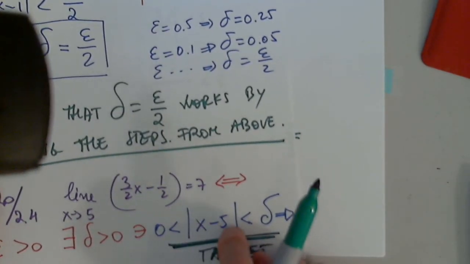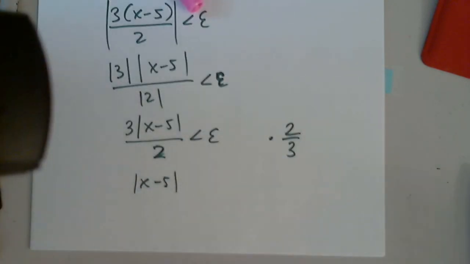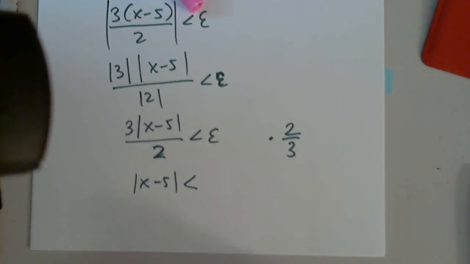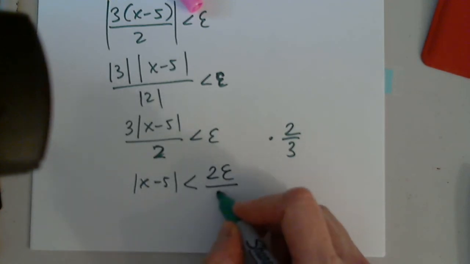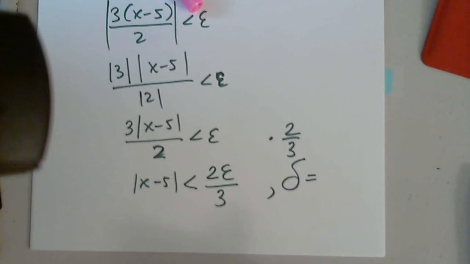If I don't get the absolute value of x minus 5 on the left, then I will not be able to find delta. Good. So then what do we have on the right-hand side? Anyone? 2/3. Yeah, say it again. Epsilon, 2 epsilon over 3. Excellent. So can anyone now identify delta for us?